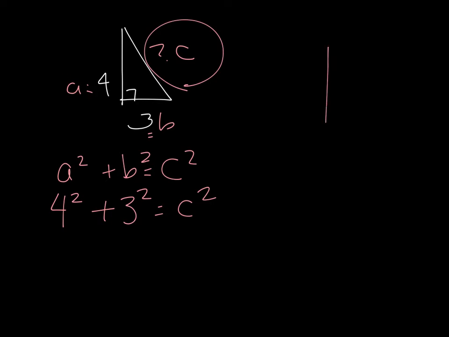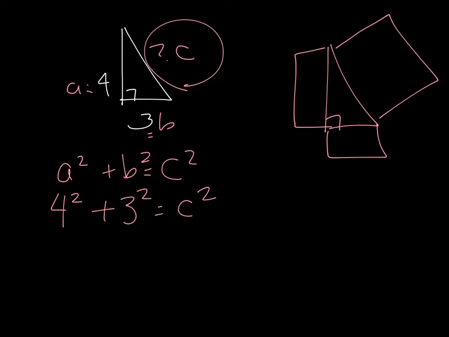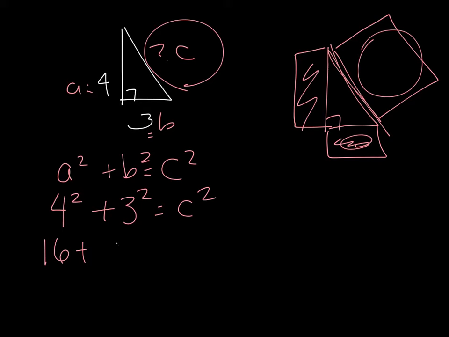We did it in class where we actually proved that the sum of the two legs squared equals the hypotenuse squared. So 4 squared is 16 plus 3 squared is 9 equals c squared. 16 plus 9 is 25 equals c squared.